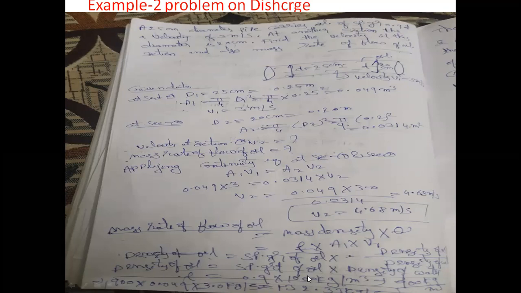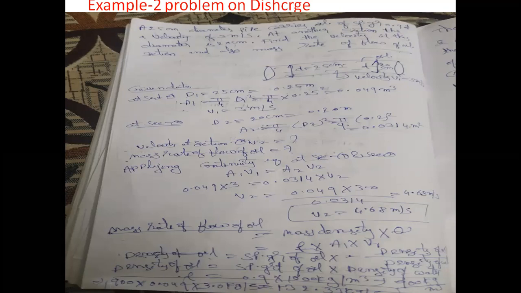This final quantity is 132.33 kg per second. The mass rate of flow is finally 132.33 kg per second.